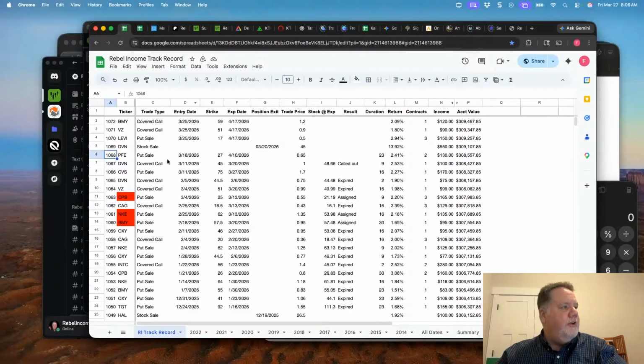Okay. Let's just go ahead and take a look at the trades that we placed earlier this week. The put sale is on Levi, selling the $17 strike price, bringing in almost 3% on this one.